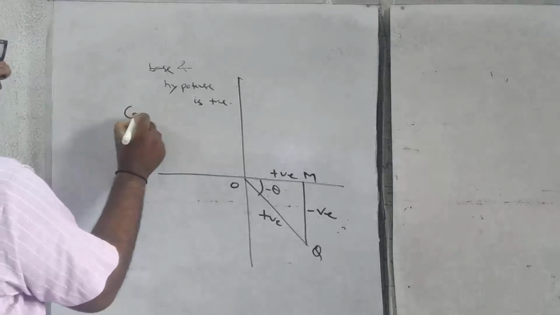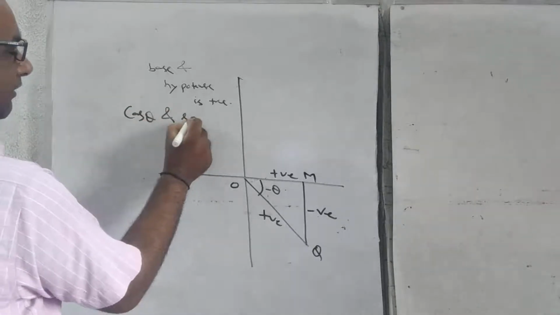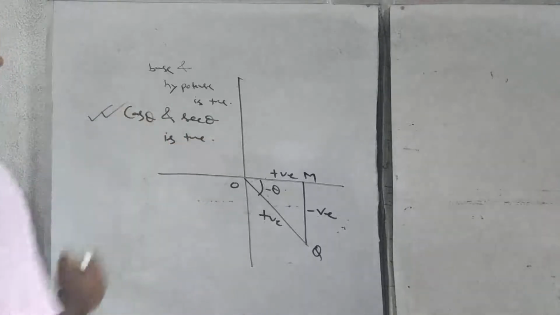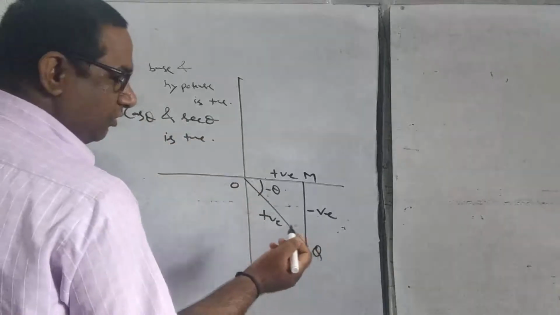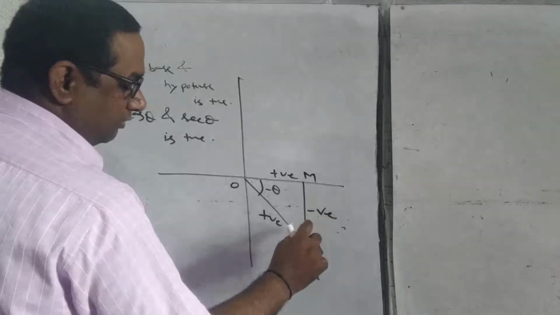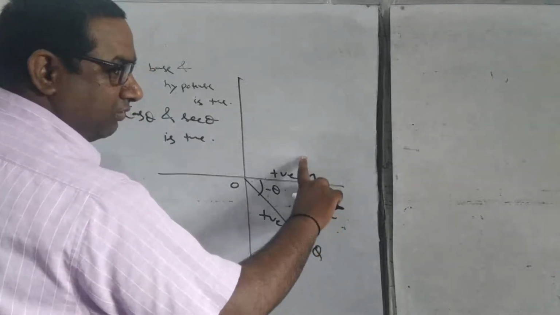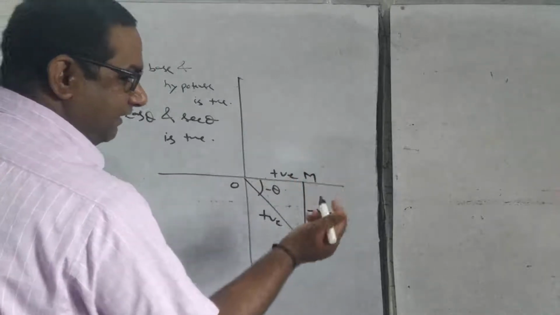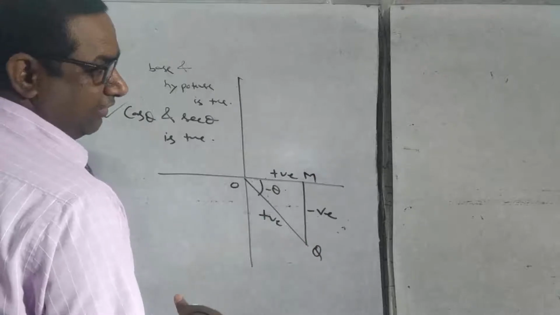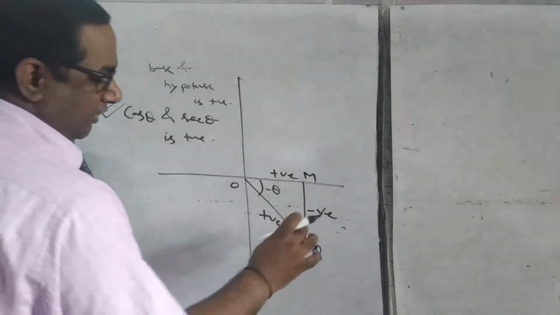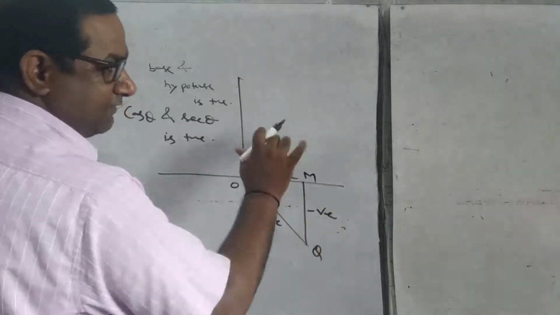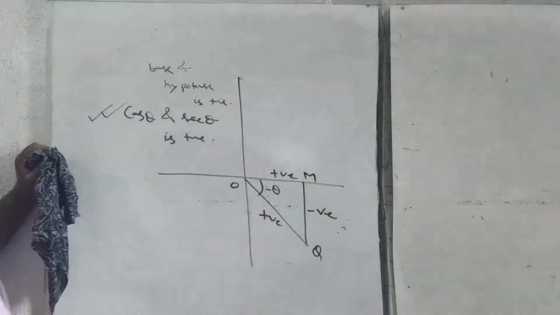It means cos theta and sec theta are positive. But what about the other T ratios? The other T ratios include the perpendicular, like sine theta, cosec theta, tan theta, cot theta. These four T ratios contain the perpendicular, which is negative. Hence, these T ratios are negative.